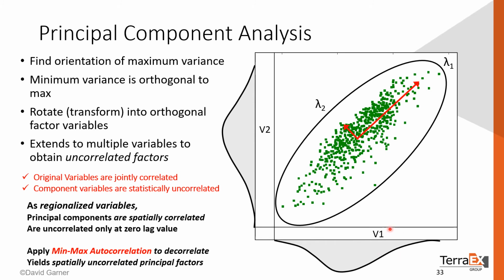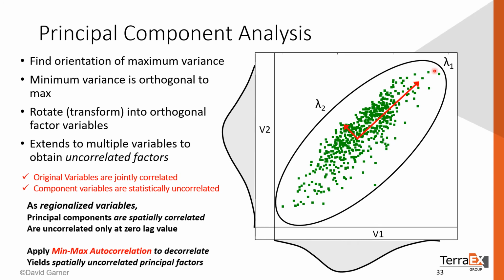So v1, v2, they're correlated. We see the maximum variance direction is along this red line, and so if we solve for the principal components, we're looking at the maximum variance direction, eigenvalue, eigenvector, lambda 1.